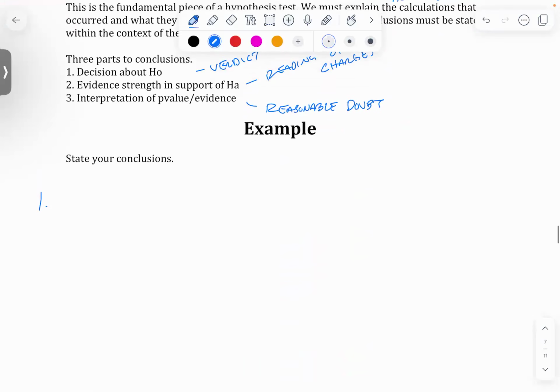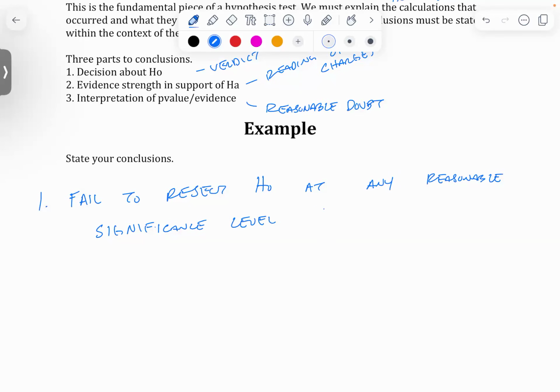We're going to talk more about that in just a little bit. So I'm going to say not guilty, fail to reject H0 at any reasonable significance level. And we're going to talk more about that as well. And this was a not guilty verdict.